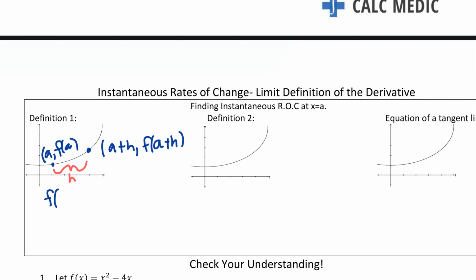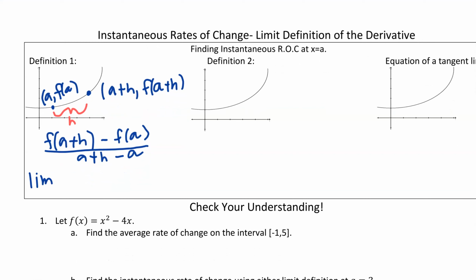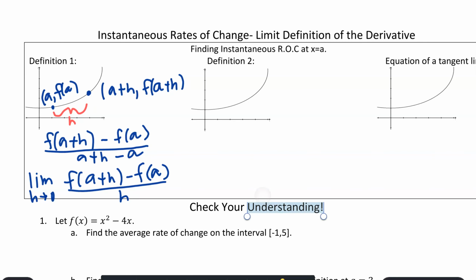So it'll be the function evaluated at adding the H value to some distance, and subtracting your f of A. And this is all over A plus H minus an A. So if you take the limit as H approaches 0 of that, you will just be left with f of A plus H minus f of A all over an H. And what this gives you is the derivative, so f prime, evaluated at A. It gives you the slope of a tangent at A.